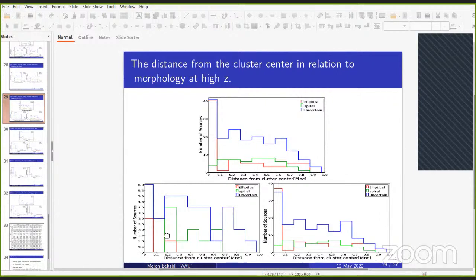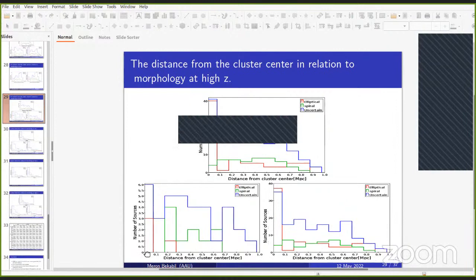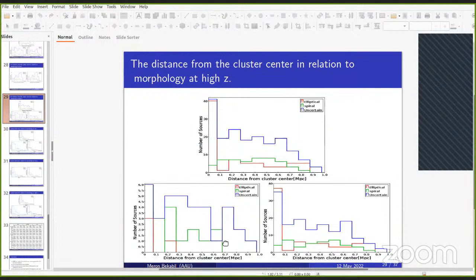The Seyferts show different properties, where the ellipticals have some correlation with being close to the centers, and the others, the Seyferts, are basically far away from the cluster centers.